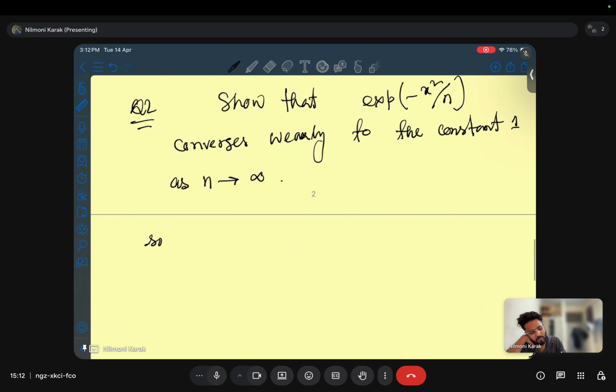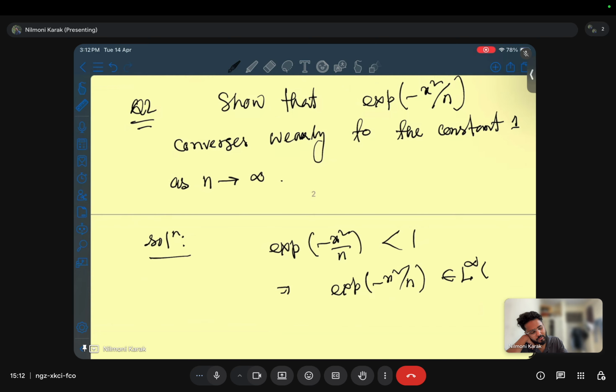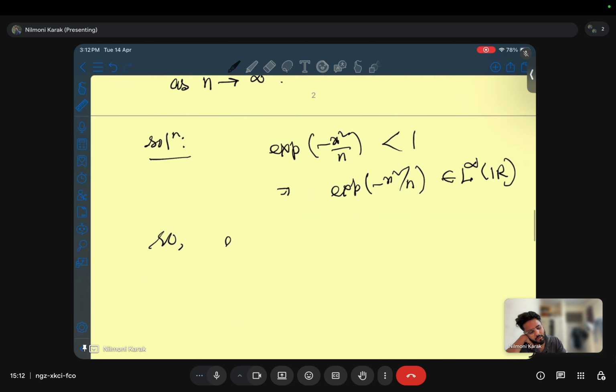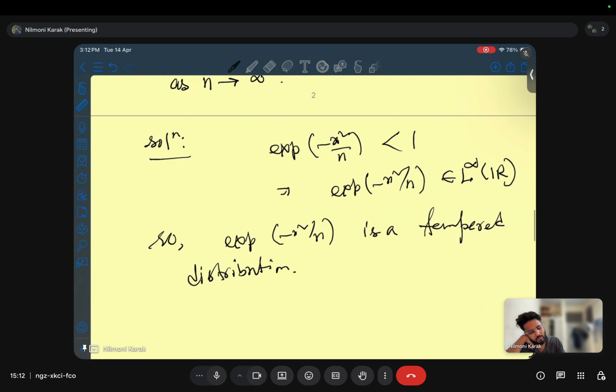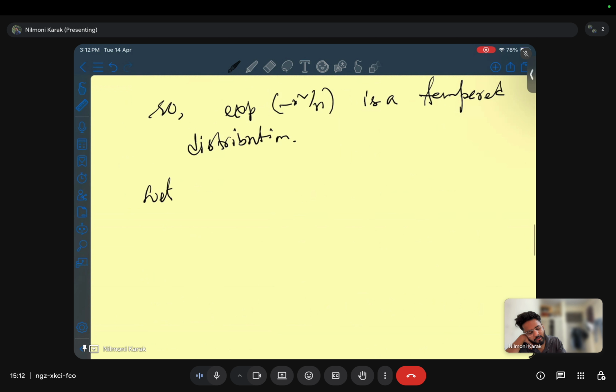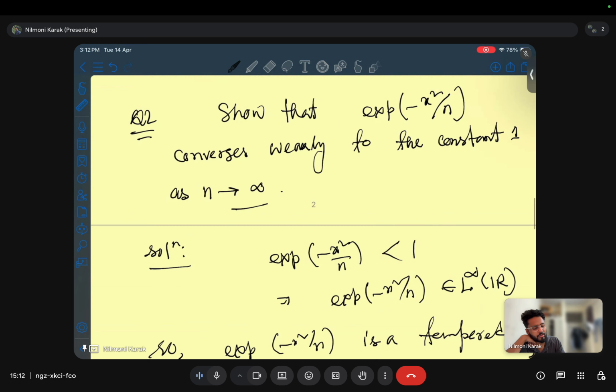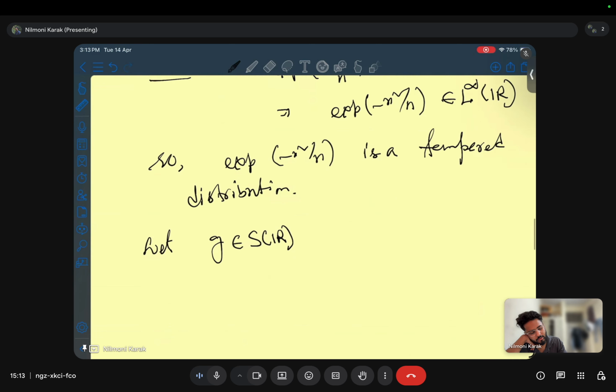Again, exp minus x square by n is bounded by 1, and therefore it is in L infinity R, so it is a tempered distribution. Now let g belong to SR arbitrarily. We want to show this converges to 1 weakly as n tends to infinity.